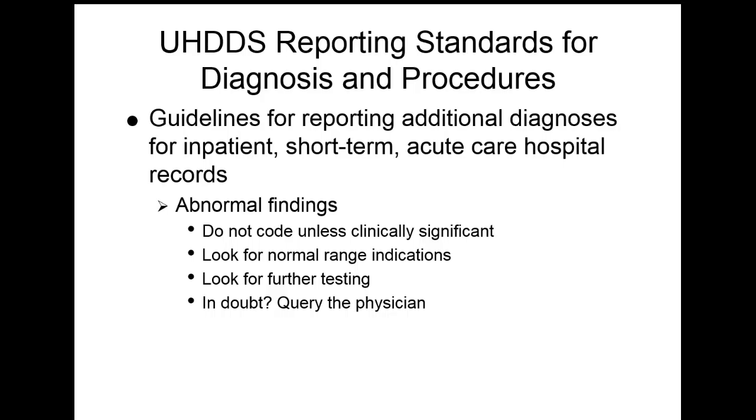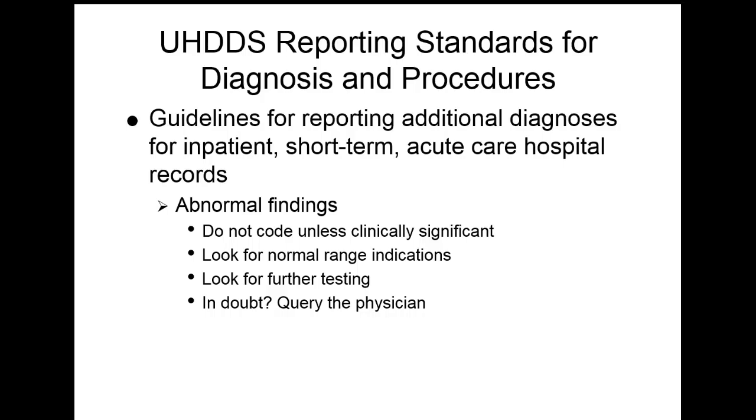You just have an abnormal lab test and the fact that the patient received blood. In that instance, you actually can query the physician to ask if there's a diagnosis that can go with the low hematocrit and the blood transfusion, if the patient had anemia.